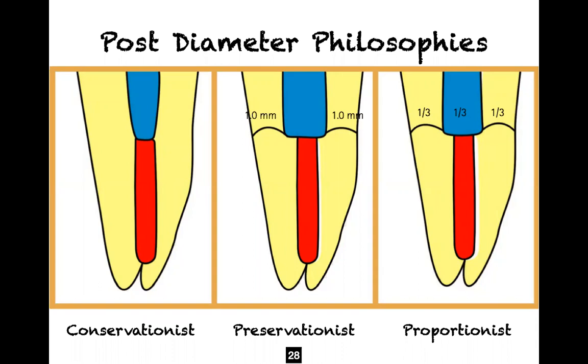The next approach is preservationist, wherein the post should be surrounded by a minimum of 1 mm of sound dentine. Now you have to draw this diagram कि side में post का diameter कितना होना चाहिए, कि इतना होना चाहिए कि मेरे साइड की जो टूथ स्ट्रक्चर बची है, just imagine a 3D structure of your root and तुमने उसे क्रॉस सेक्शन में कट कर दिया, horizontally कट कर दिया.